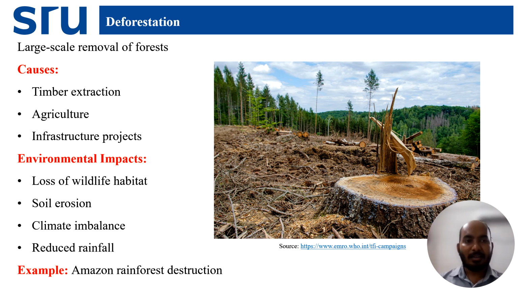So you can see some examples like Amazon rainforest destruction. This is a real-life example of deforestation. The Amazon rainforest is one of the most well-known examples of large-scale deforestation.